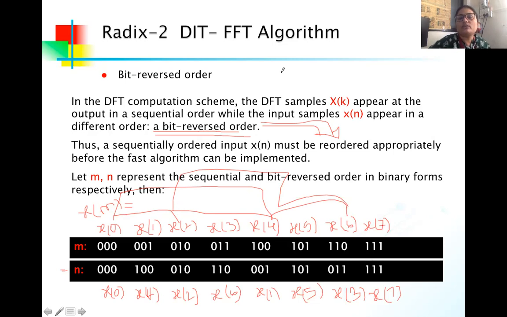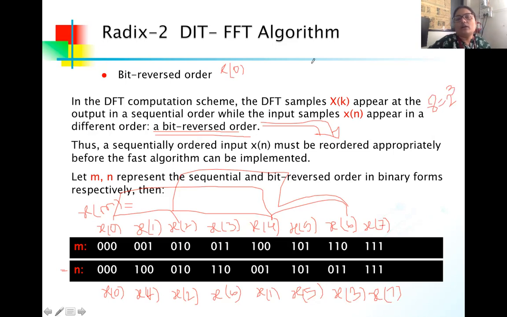We have divided the sequence into even values and odd values. There are three partitions I need to apply, because the number of points is 8, and 8 is 2 raised to 3. So I need to apply 3 partitions in the butterfly diagram.